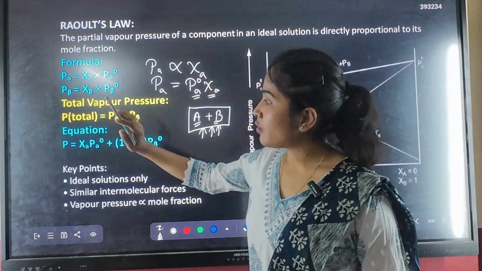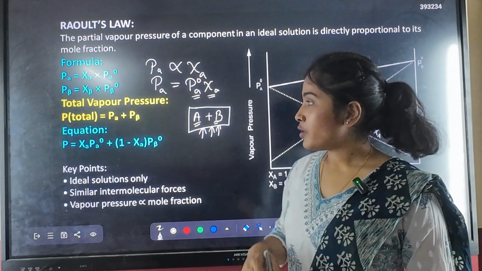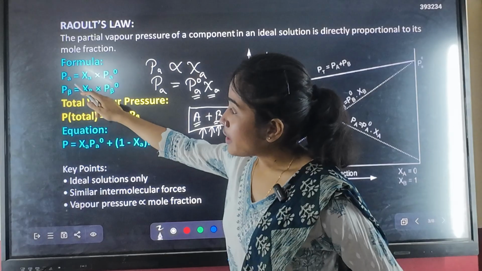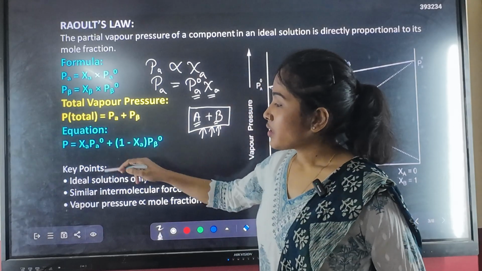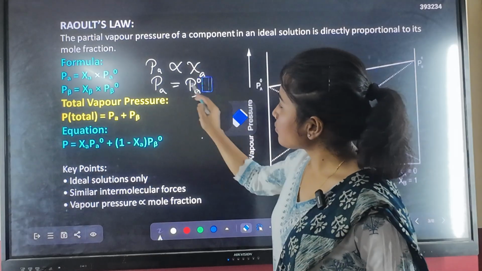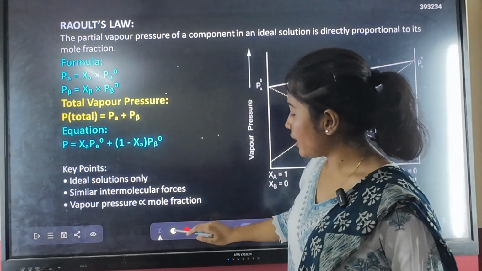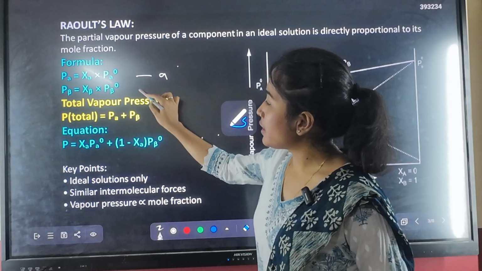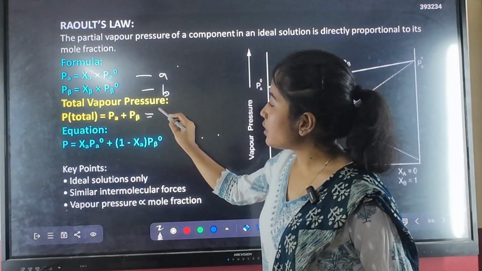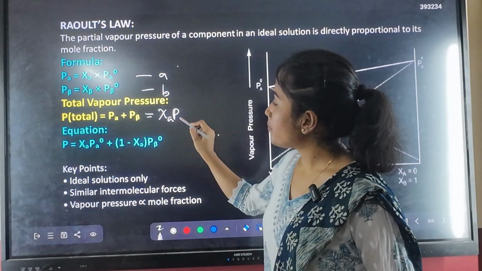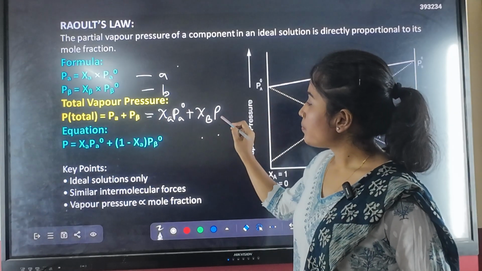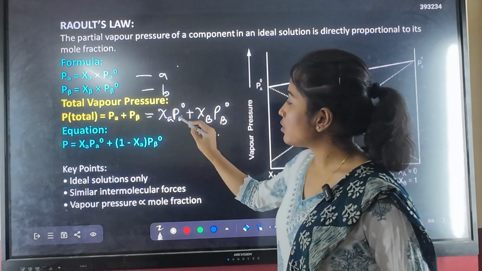Similarly PB, okay, and according to Dalton's law we know that the total vapor pressure is equal to the sum of the partial vapor pressures, that is PA plus PB. When I put the values of equations A and B in this equation, it will come to be XA PA naught plus XB PB naught, okay.